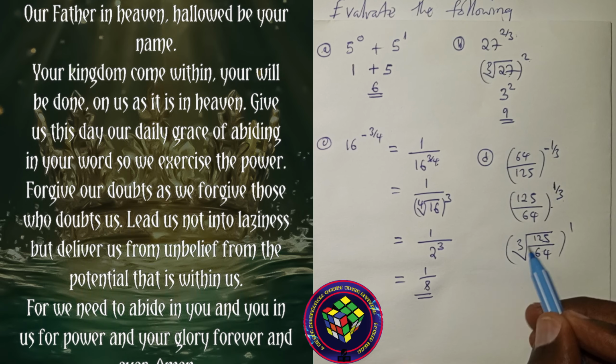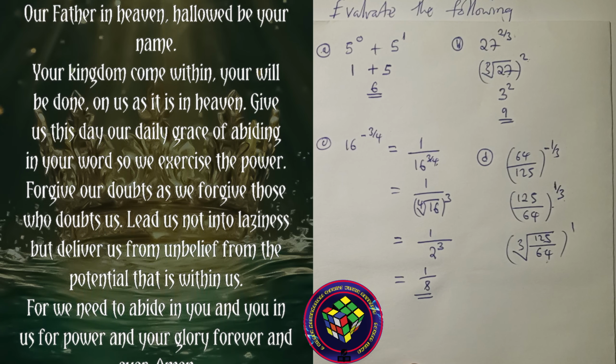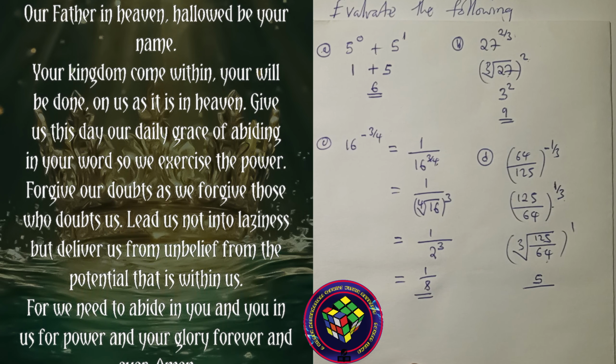So we need to do cube root of 125 over cube root of 64. What's the cube root of 125? The number we can multiply 3 times by itself to get 125? Yes, that is 5. So we have 5 over, and cube root of 64, the number we can multiply 3 times to get 64, that is 4. And this should be raised to the power 1. And we know that 5 over 4 is the same as 5 over 4 to the power 1.